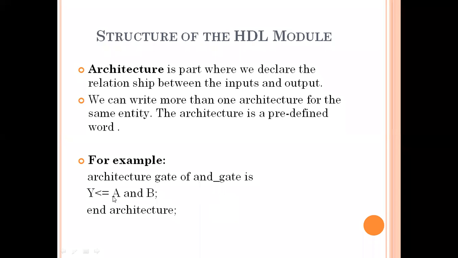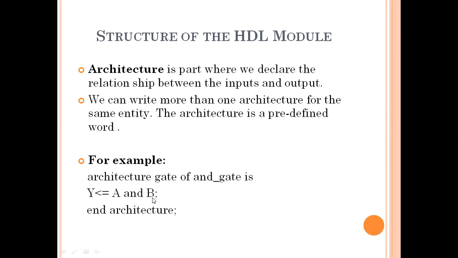Here I use one statement: Y, then the assignment operator, Y assigns A and B. A and B we have already declared in the entity as inputs, and Y we have declared as the output. So according to this statement, Y is assigned A and B. What will be the operation? AND operation. Logically, an AND operation will be performed between these two operands.